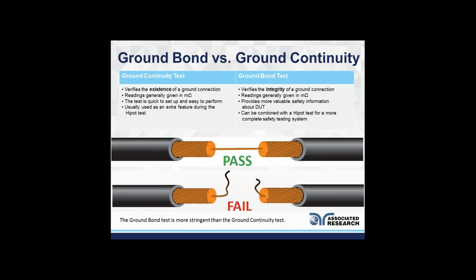So you might have a continuity pass for your DUT, but this does not guarantee that the ground bond is still able to handle the fault currents, which could be upwards of 15 or 30 amps coming through the breaker. So this is a good visualization of what ground bond versus ground continuity would be.